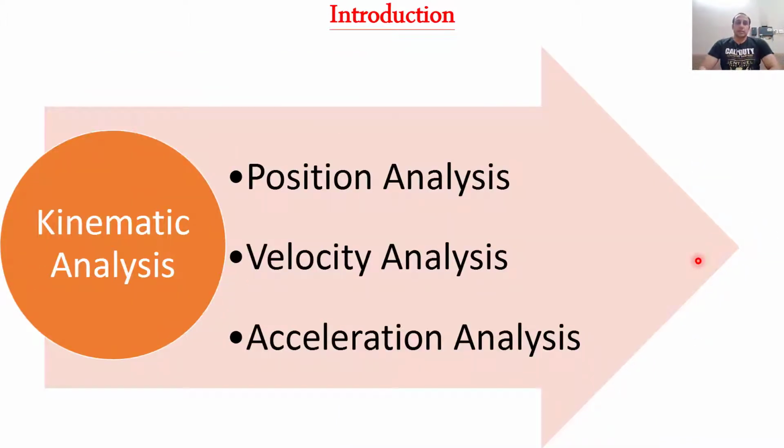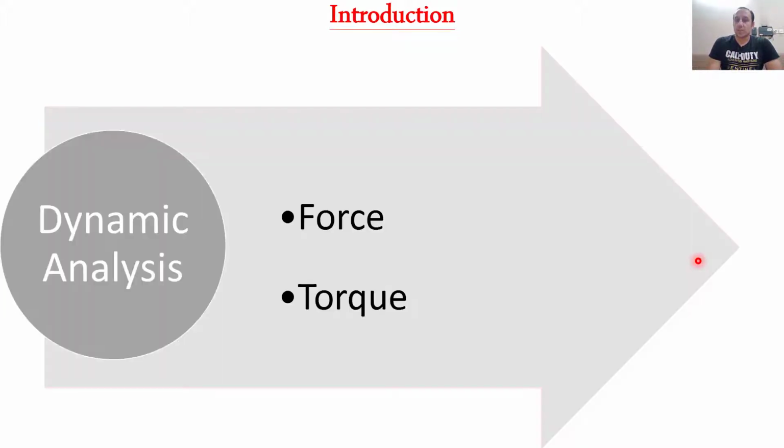In kinematic analysis we already carried out the position analysis, the velocity analysis and the acceleration analysis, so we already know all of these. But what's missing in the dynamic analysis, we still don't know the forces and torques. So we are going to calculate these forces and torques in the dynamic analysis.